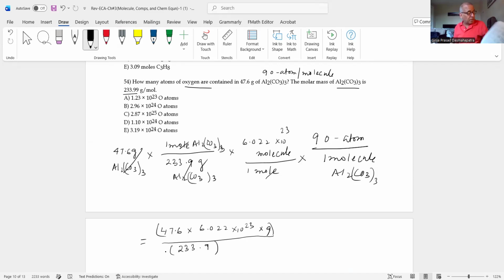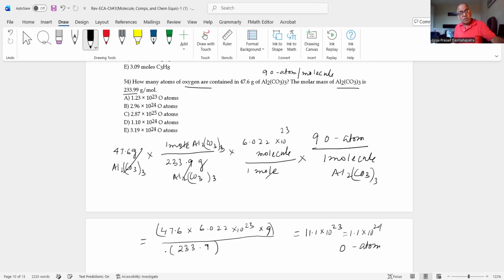So we are talking about 54. Yes. So it will come to approximately 1.1 times 10 to the power 24 oxygen atoms.